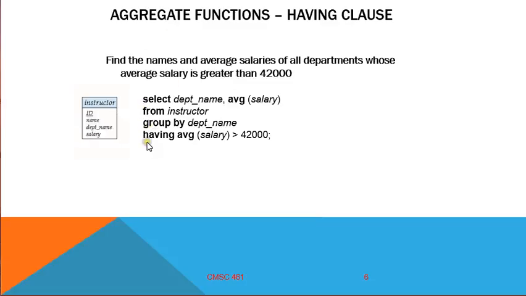So we add the having clause in to accomplish that. So we group by department name, and then we do our average salary. Then at the end, we do a filter on that and say, well, we only want to display the results that have an average salary greater than $42,000.